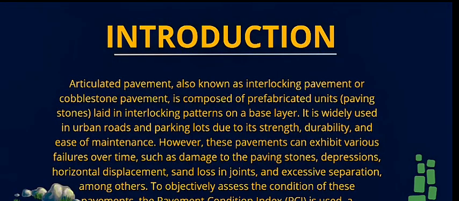Introduction: articulated pavement, also known as interlocking pavement or cobblestone pavement, is composed of prefabricated units, paving stones, laid in interlocking patterns on a base layer. It is widely used in urban roads and parking lots due to its strength, durability, and ease of maintenance.